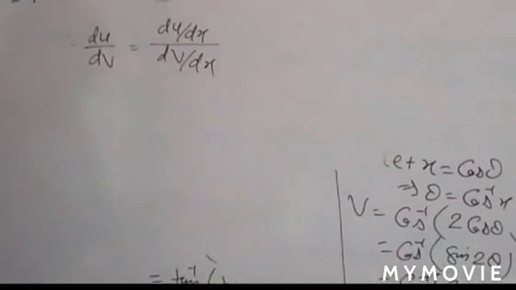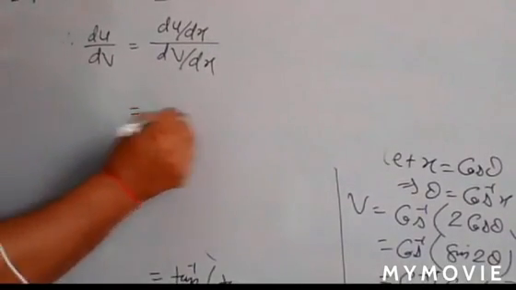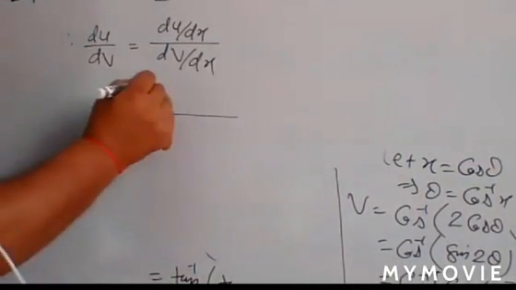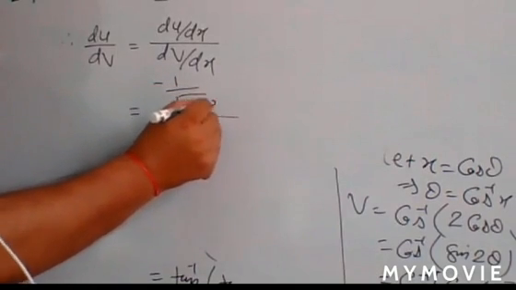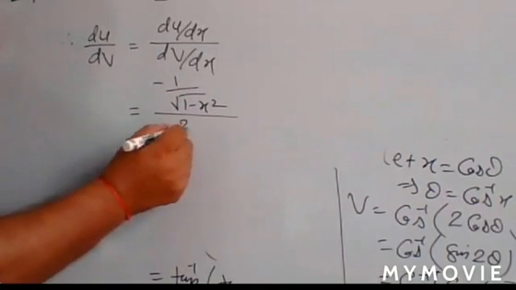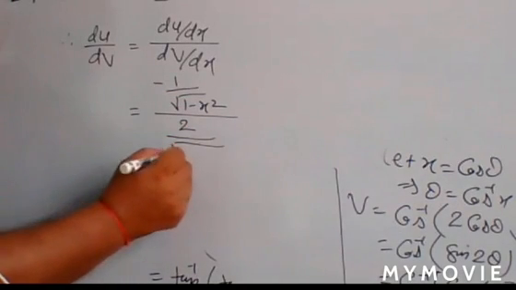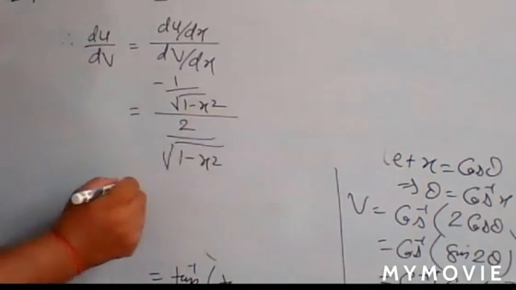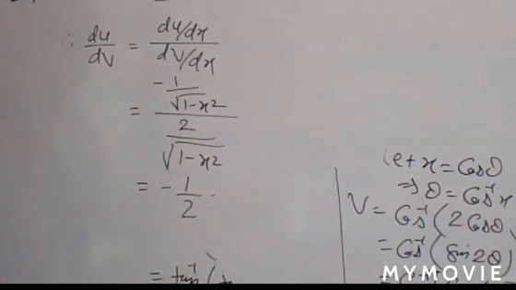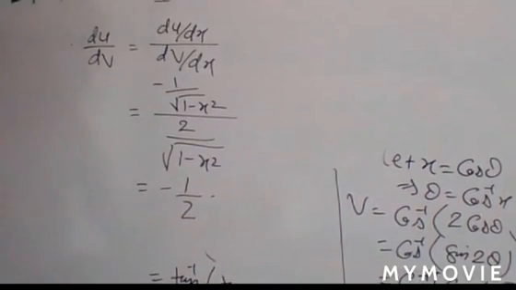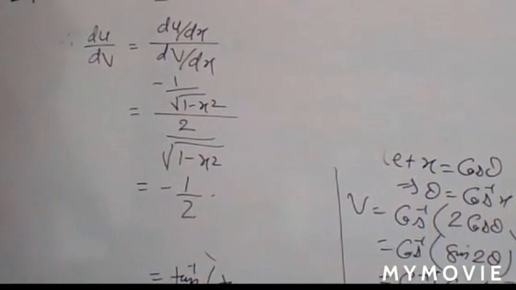Now putting its value, here you have minus 1 upon under root 1 minus x square, and here 2 upon under root 1 minus x square. So that we cancel out, and your final answer is minus 1 upon 2.